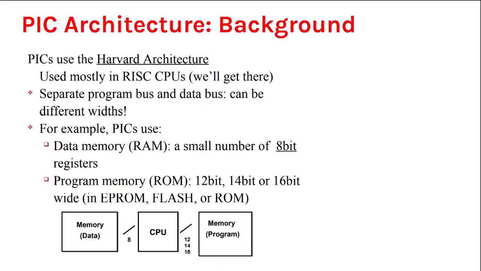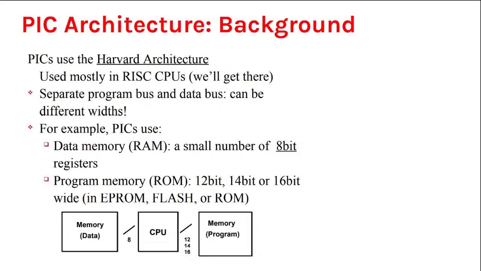Whereas in Harvard architecture, the CPU is connected to the program memory by one bus and to the data memory by a different bus. Since they are different, they can have different bus widths. The program memory can have a bus width of 12, 14 or 16 bits, whereas the data memory can have 8 bits.